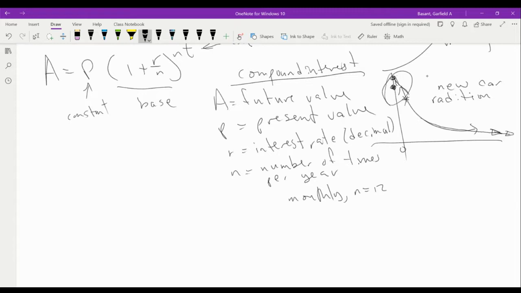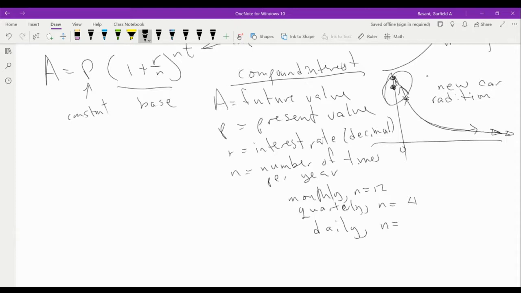If we talk about quarterly, what would n be equal to for quarterly? Four. How about if you get interest daily?